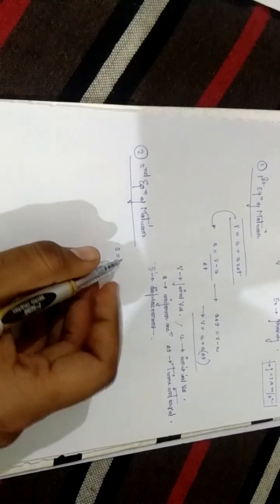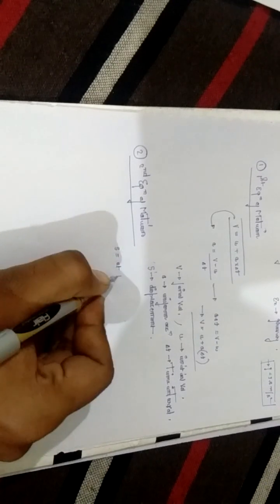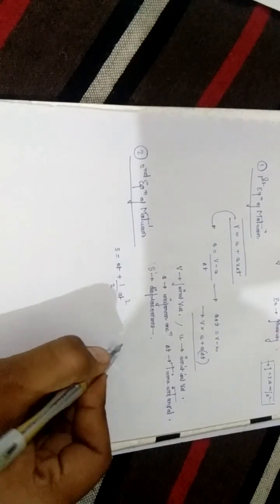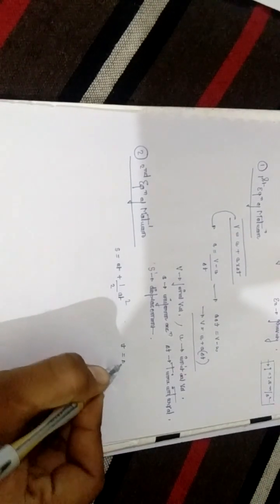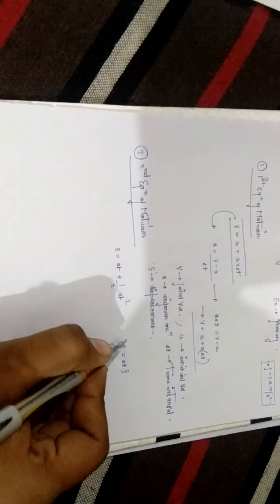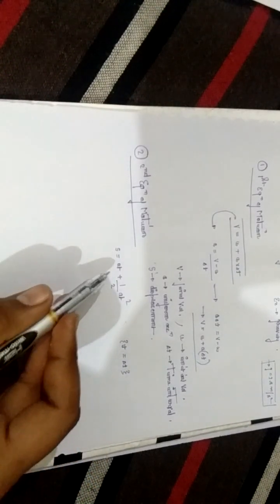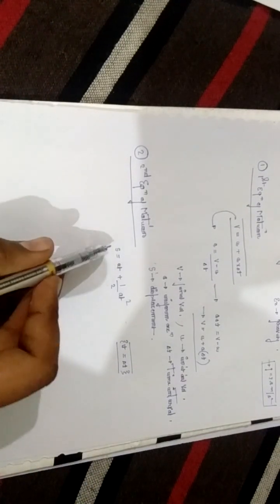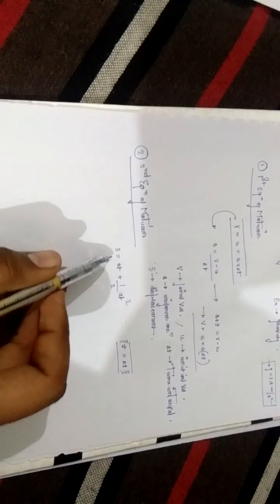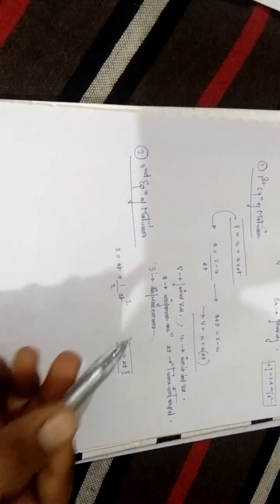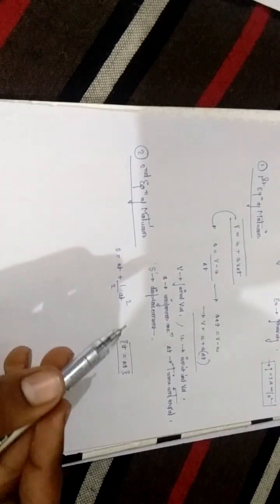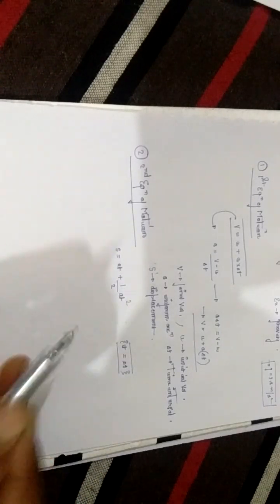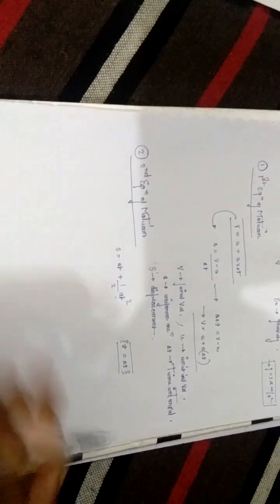It says that s is equal to ut plus half at square. t here is the same delta t; for convenience, to look simple, we write delta t as t. So the displacement is equal to the initial velocity times the time interval plus half into acceleration times the square of the time interval.